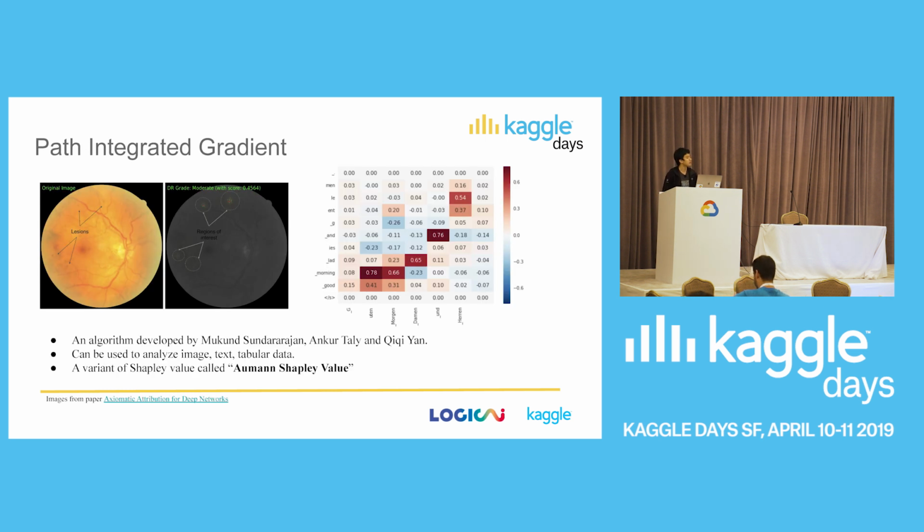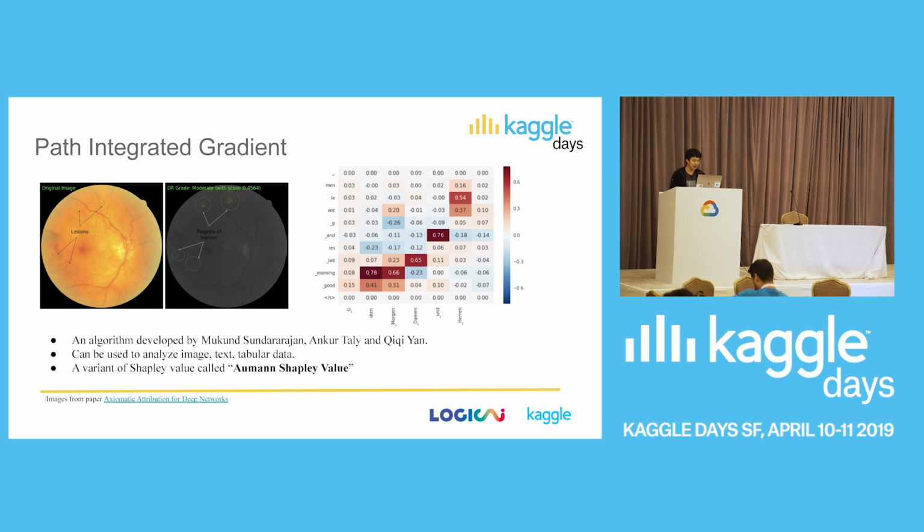Now, what does that mean for neural networks? There's an algorithm developed inside Google by Mukund, Ankur, and Qiqi. They are research scientists at Google, and they wrote this paper, I believe in 2016. It is the algorithm called path integrated gradients. You can use it to analyze image data and text data.